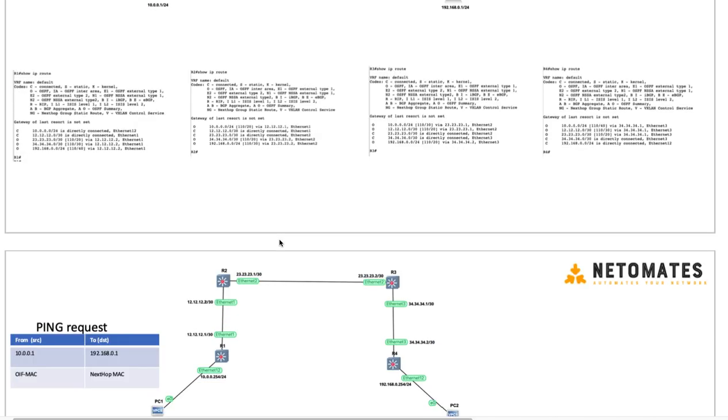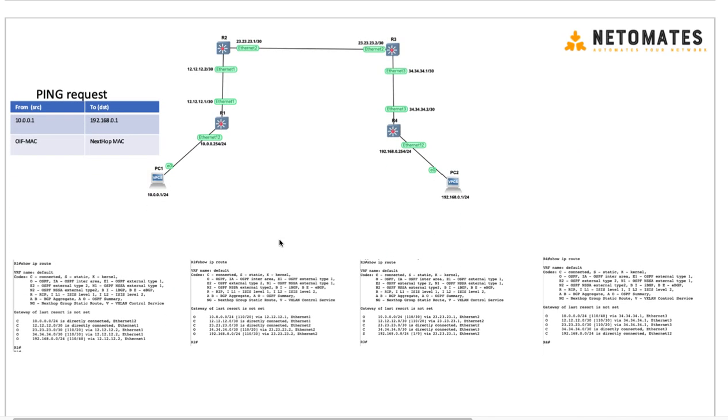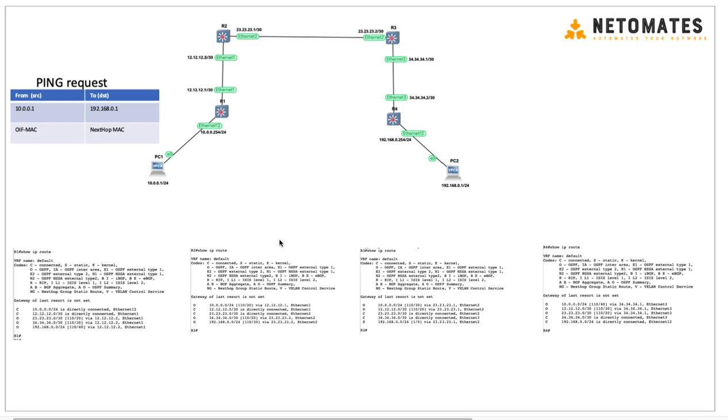So let's see this topology. This is the same topology, but I did some routing changes. Let's see what will happen for the same ping request. Now the same PC1 is sending a packet to PC2, and the packet destination IP is 192.168.0.1.